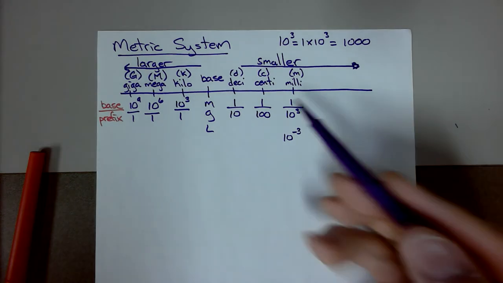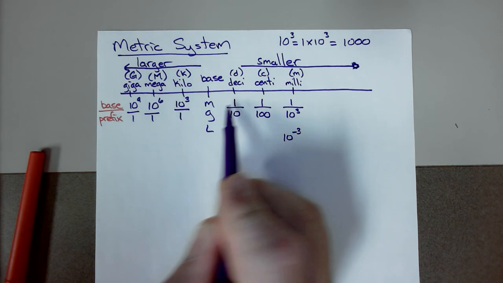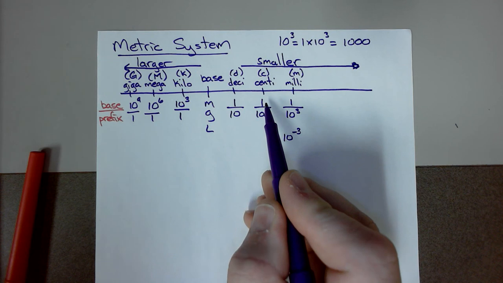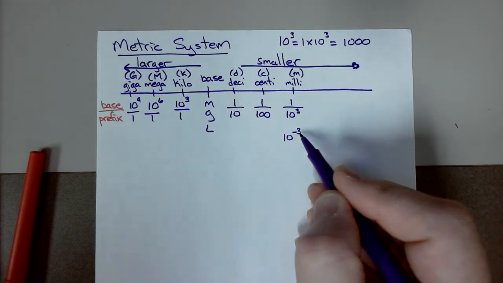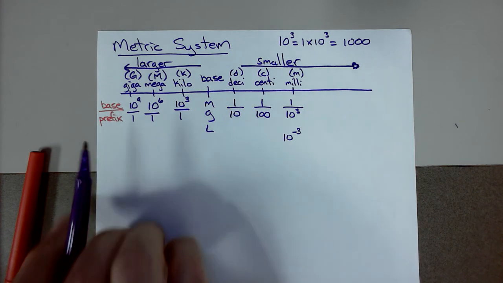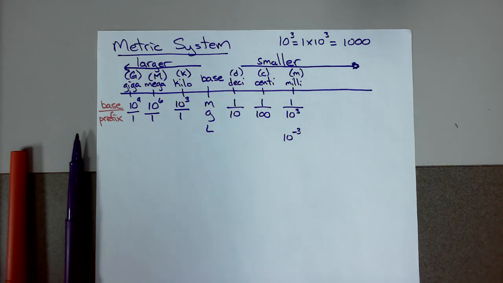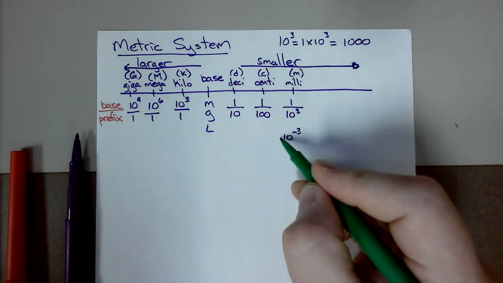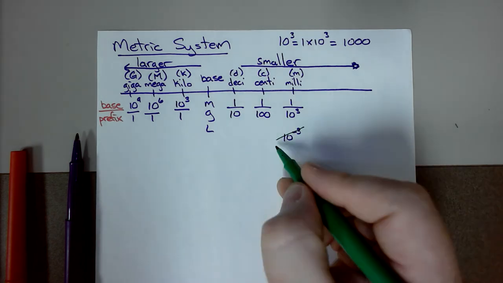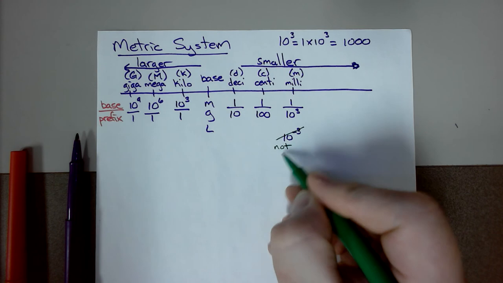So that's what we want to do. We want to say the bigger unit we put a 1 next to, and we say how many small units make the bigger unit. So this is not incorrect. It's correct, but I don't want to use that. So I'm just going to cross through it that this is not preferred. Not that it's wrong. That's why I'm not going to put an X, but it's not preferred.